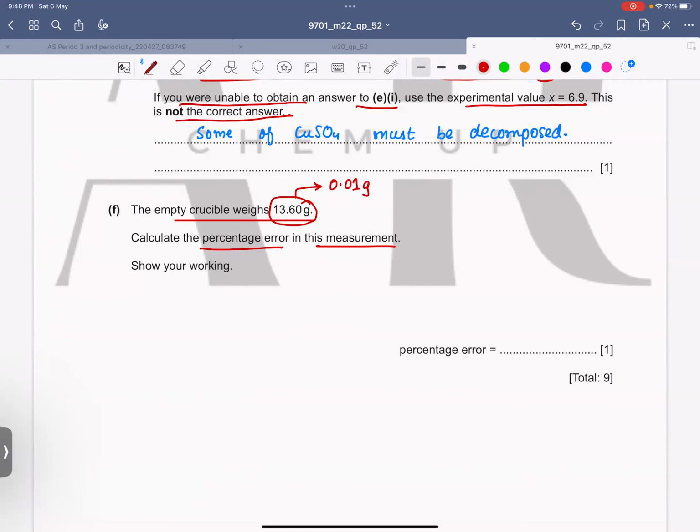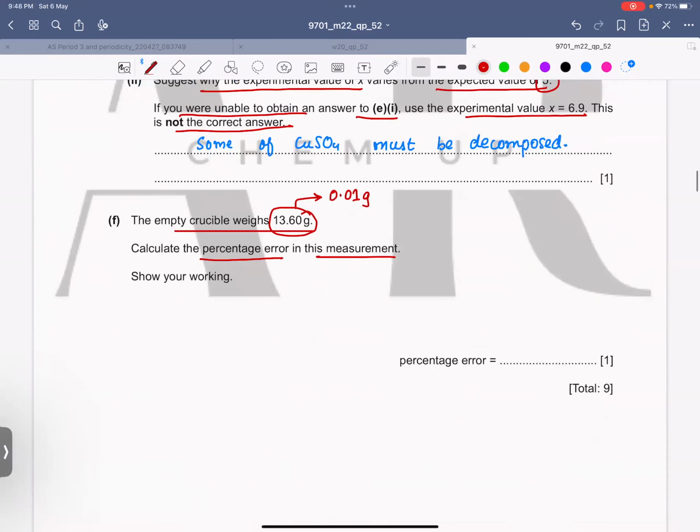And if the least count is this, then the uncertainty would be plus minus 0.005 grams, right? Okay. So that is the uncertainty.